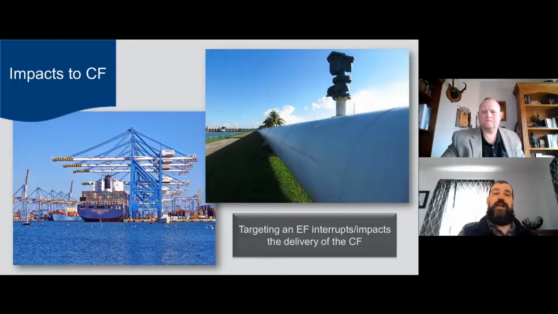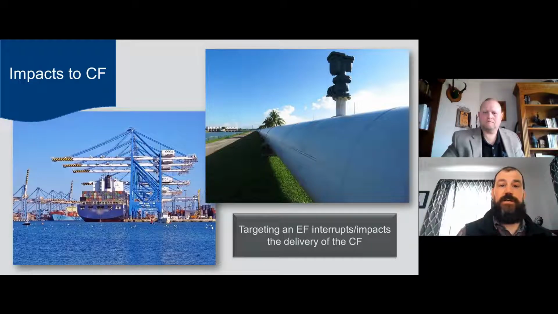But if you actually look at what's involved in global shipping, there's a whole lot of things that are really important to that. And we actually had a demonstration of this with the NotPetya attacks a few years ago.